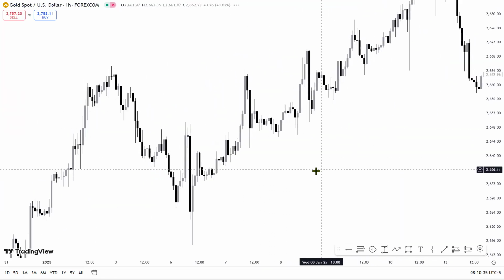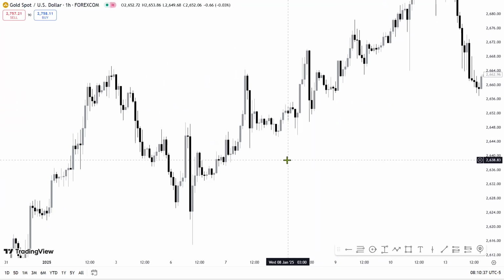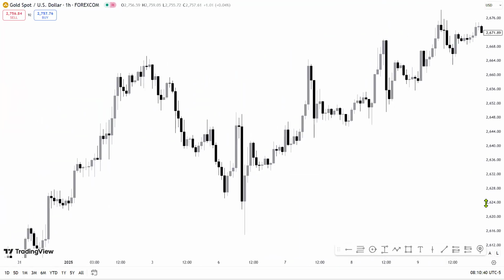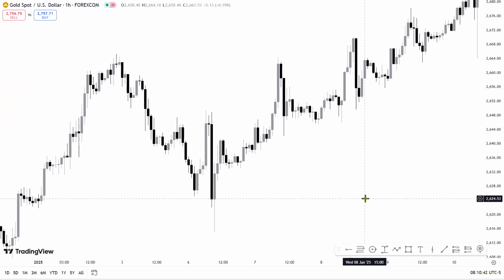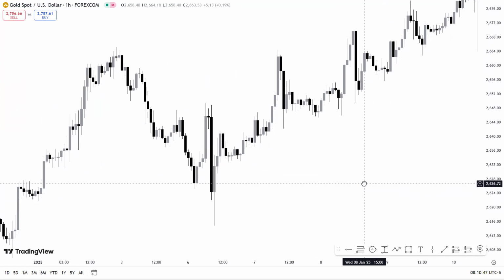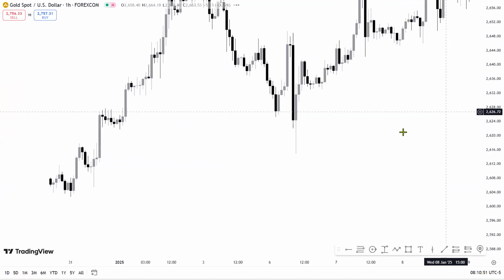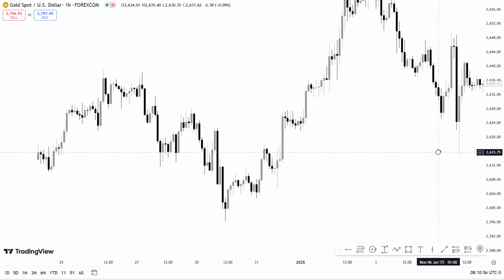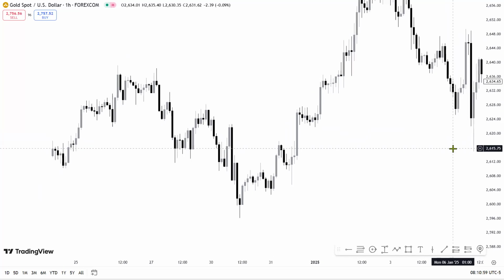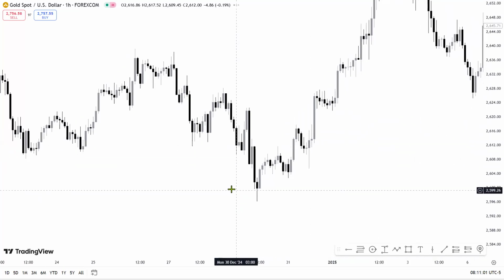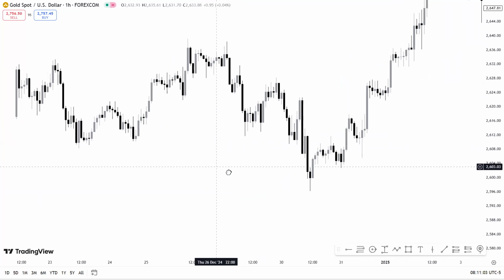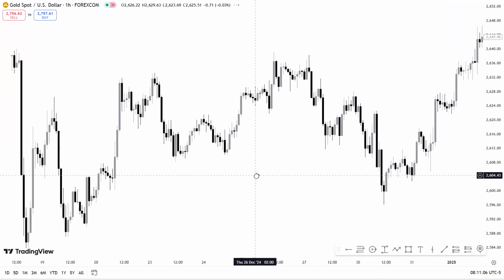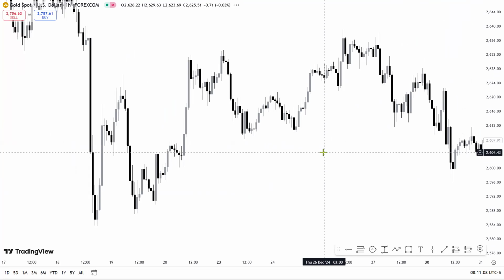Again, this is gold. I would like to do this with gold. I may give consideration to others, but gold, I would like to do this with gold. There are many examples you can see on gold with reclaimed order block.